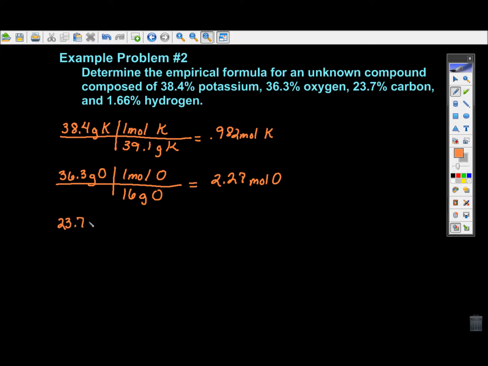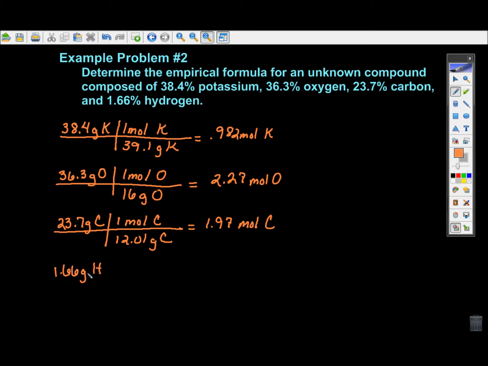And then I have to do carbon, which is 23.7 grams. The molar mass of carbon is 12.01 grams per mole. When I do that calculation, I get 1.97 moles of carbon. And then the last one I'm going to do is hydrogen, 1.66 grams of hydrogen.